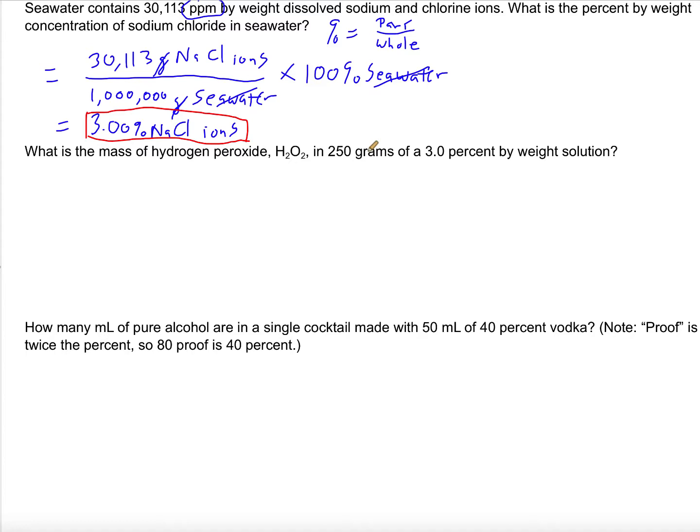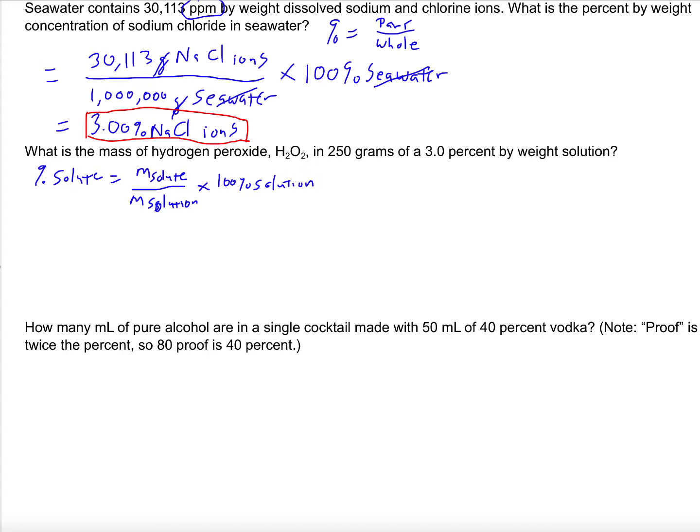Again, we're going to be using the same equation we used in the first question, which was that the percent of the solute is equal to the mass of the solute divided by the mass of the solution, times 100% solution.